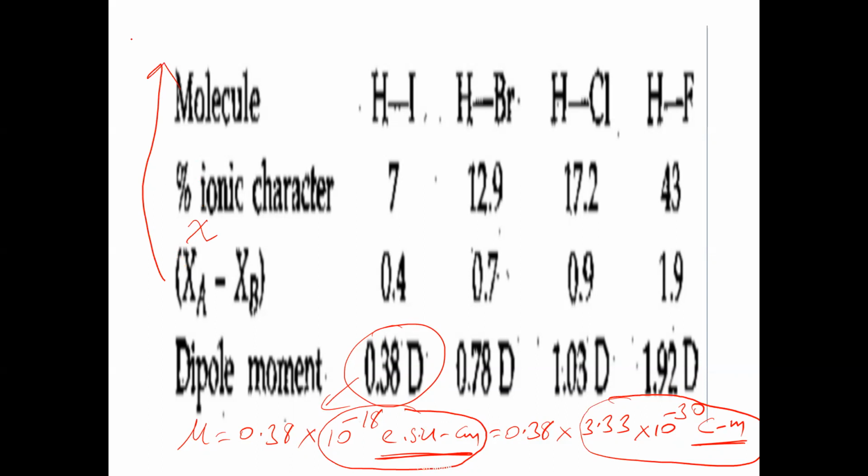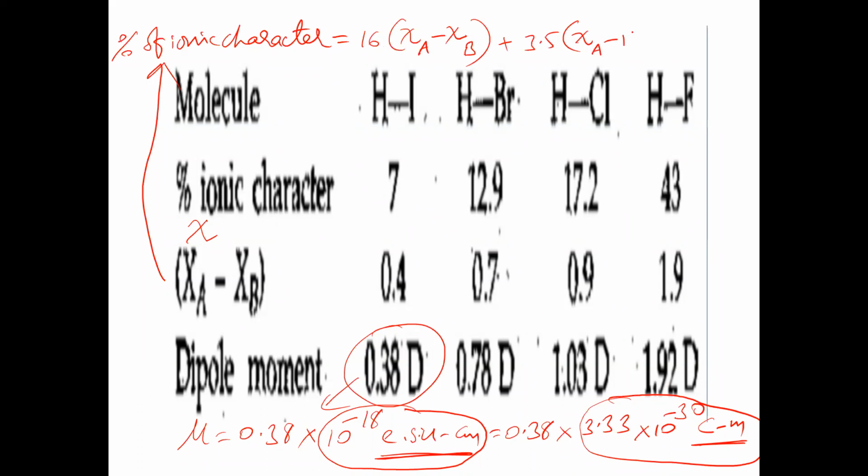So the percentage of ionic character is equal to 16 of chi A minus chi B plus 3.5 of chi A minus chi B whole square.